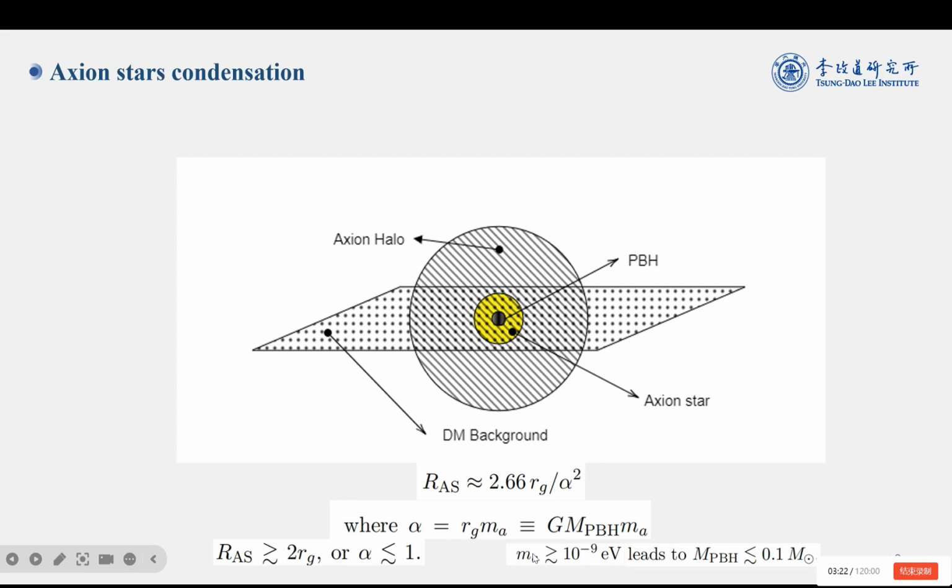A typical example: for an axion mass larger than 10 to the minus 9 eV, it will lead to a PBH mass smaller than 0.1 solar mass.